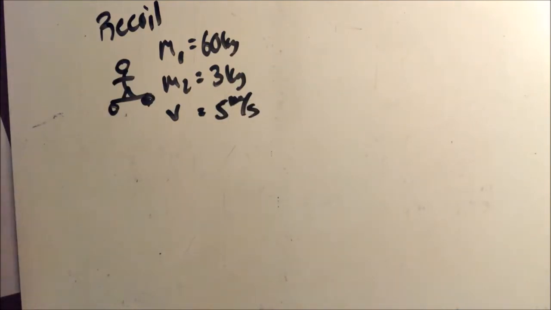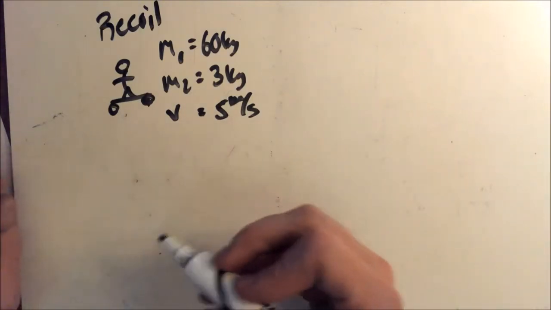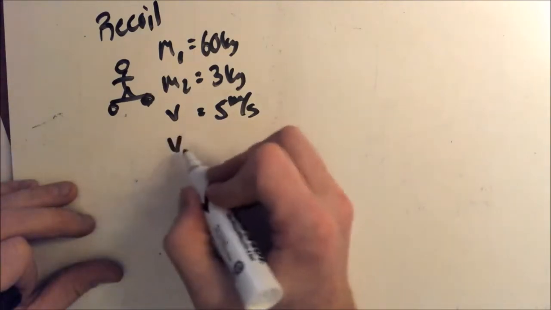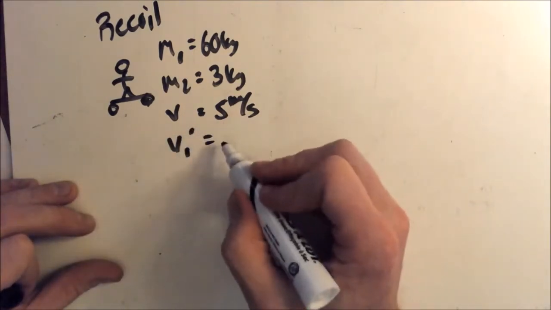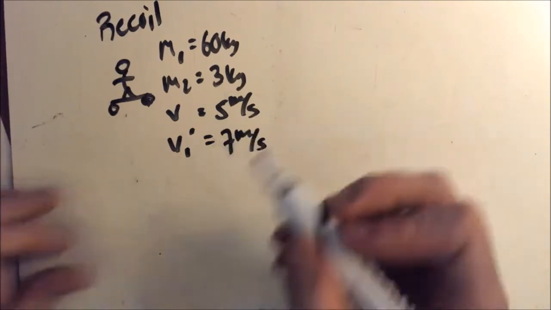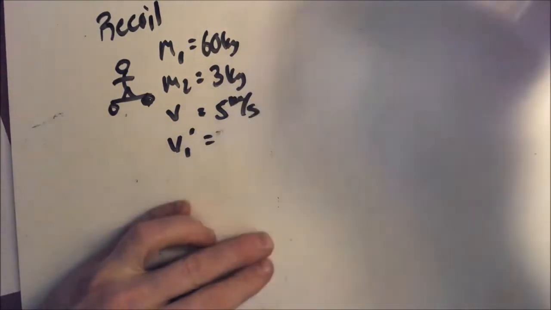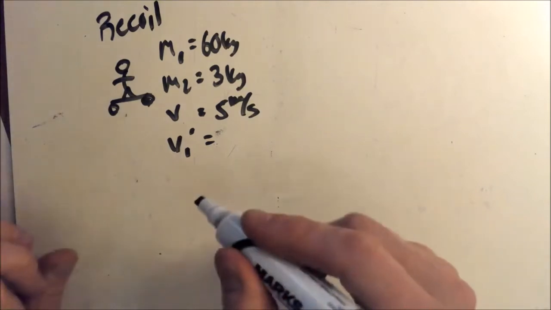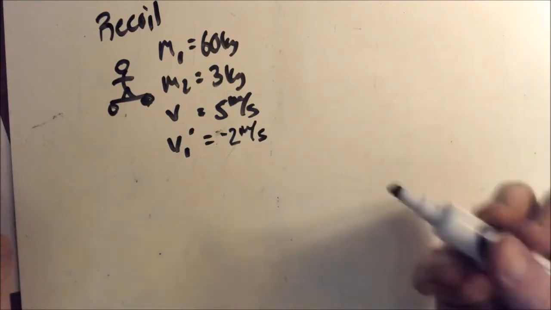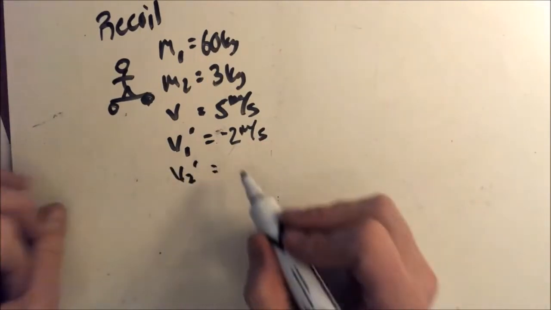If the boy jumps off the skateboard backwards at -2 meters per second, in the opposite direction, how fast does the skateboard travel away?